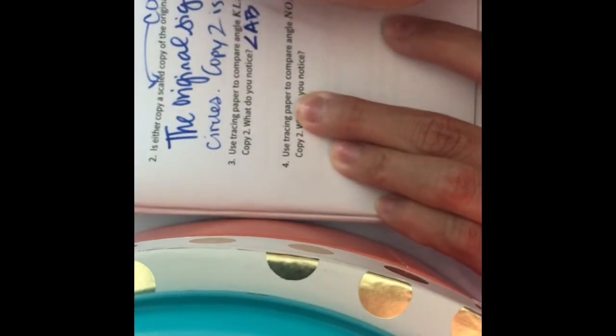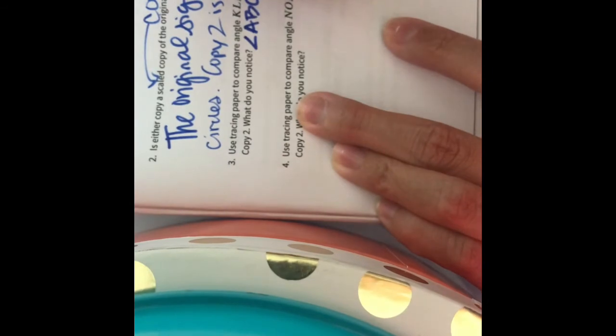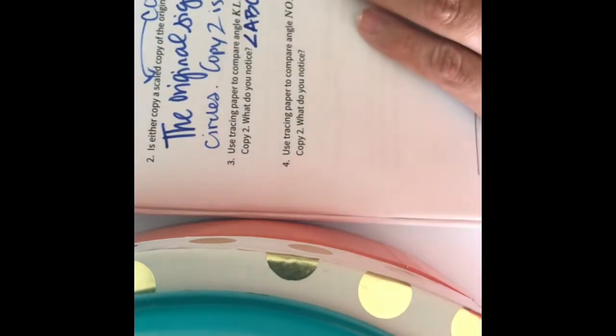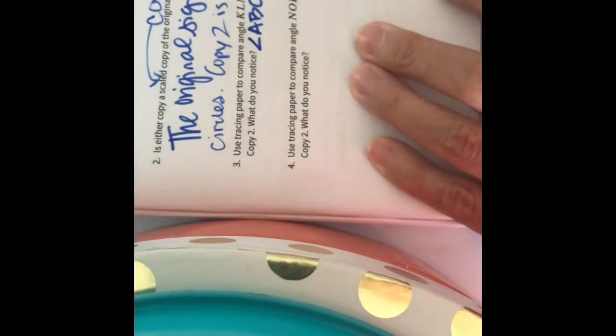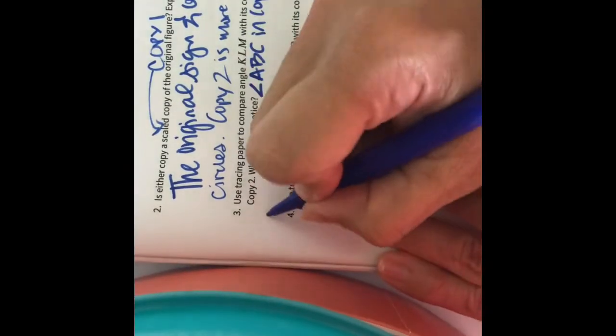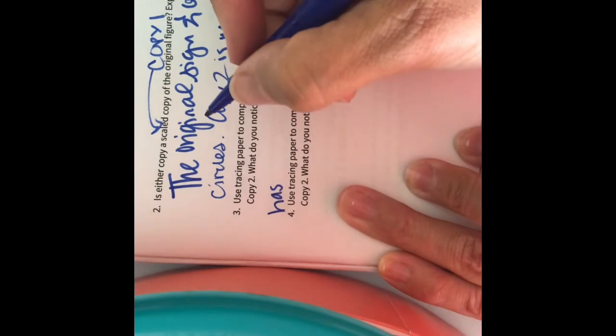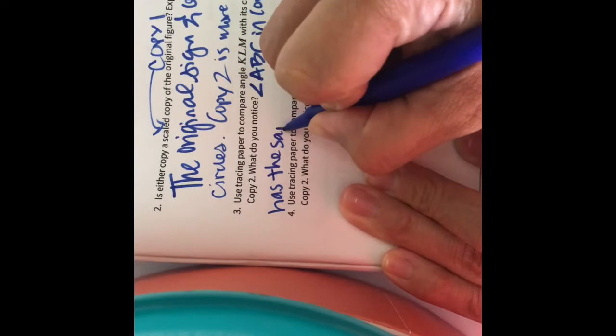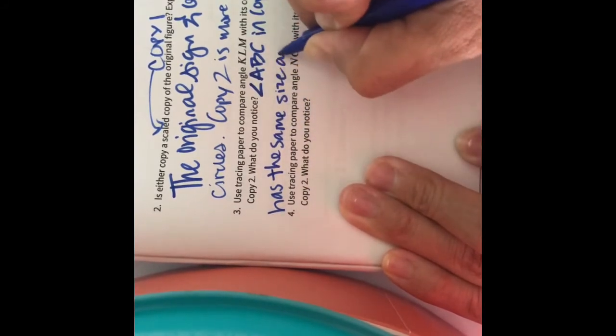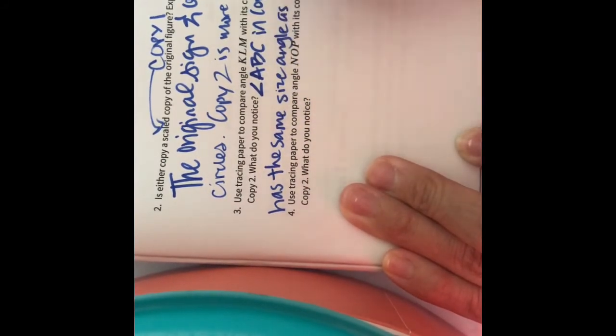So I know that for number 3, angle ABC in copy 1 corresponds to and has the same size angle as angle KLM.